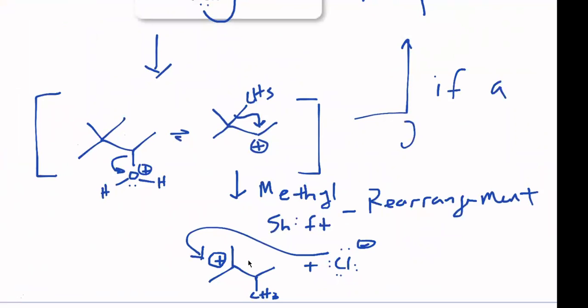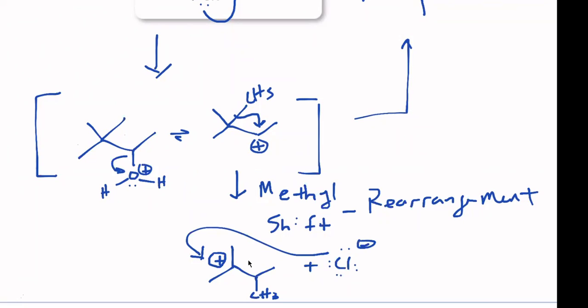I'll write it in before I post the notes. If you have a secondary carbocation that's adjacent to a tertiary carbon, sometimes you'll see this type of rearrangement. And now the plus charge is on the tertiary carbon, which is more stable. Somebody said that earlier. And that's what chlorine is going to attack.